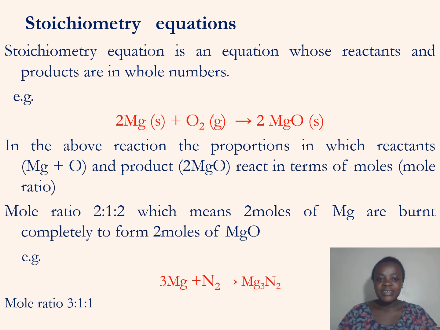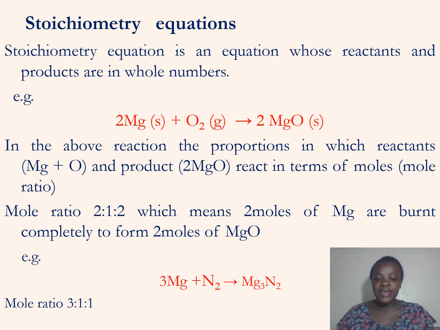Okay, so that is an example of a stoichiometry equation. As long as you can write a correct chemical equation with the correct chemical symbols and the correct balancing, and that equation has a mole ratio in whole numbers, we call it a stoichiometry equation.